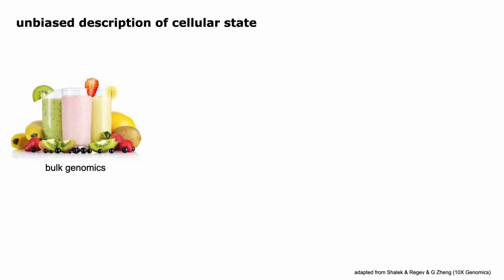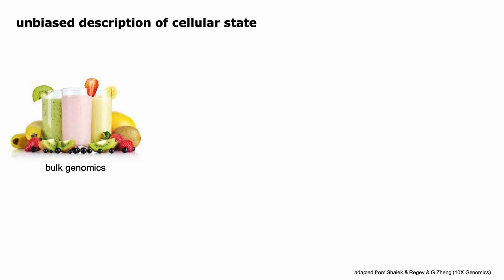So you mesh up your cells, you mesh up your fruits, and all you get afterwards is some kind of smoothie of cells, or here of fruits. Once you take a sip of a smoothie, you realize you have the dominant taste of an apple or a banana, but you fail to taste the kiwi or the berries that you added to your smoothie.